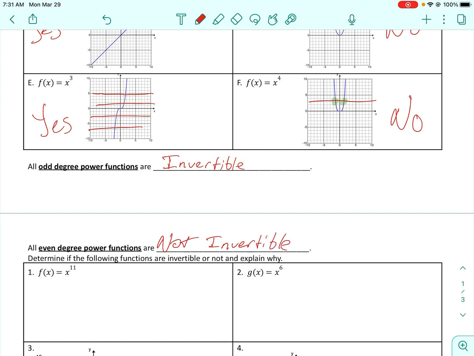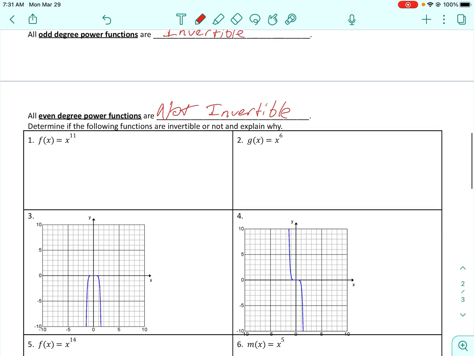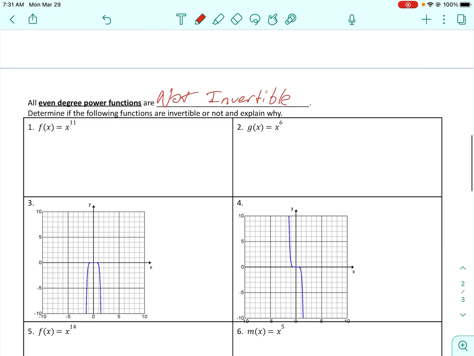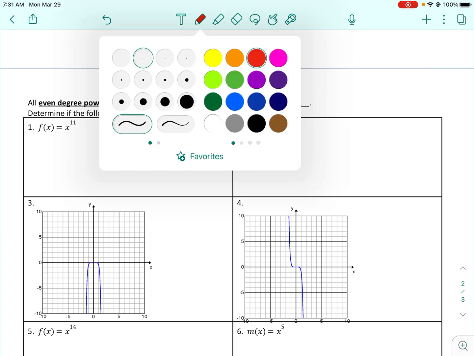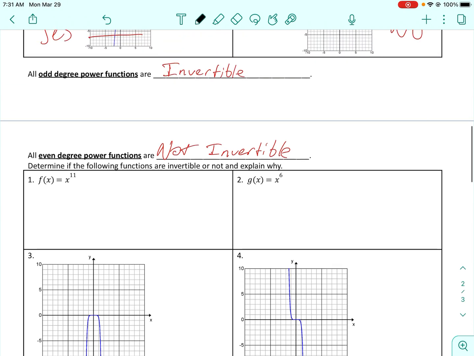Okay? So now all that you're doing for the rest of these notes is determining if the following functions are invertible or not and explaining why. So I'll do number 1 and number 3. All that you've got to do is look: x to the 11th, we remember that odd degree power functions are invertible.